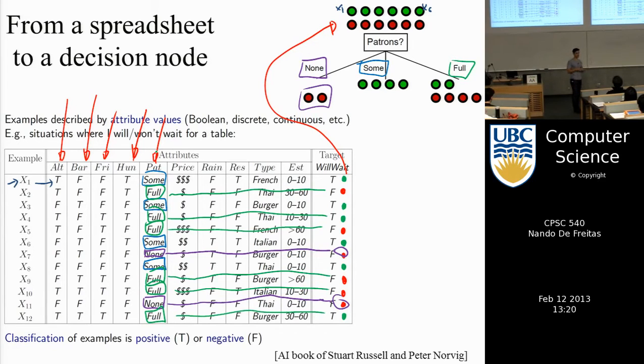So another thing that's very powerful about a decision tree is that you can have categorical data, you can have continuous data as the input, or you can have things where there is an order, like the estimated time, or things where there isn't an order at all. For example, is it a French restaurant? Is it a Thai restaurant? Is it a burger joint? And so on. So you can throw in any type of data and you will be able to build this tree.